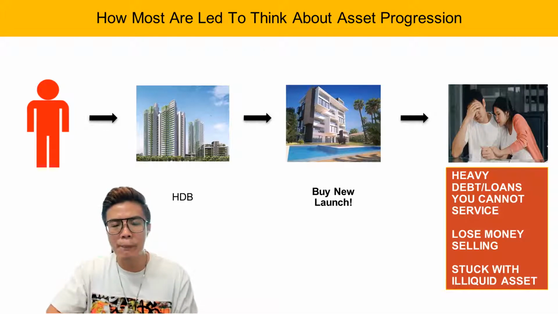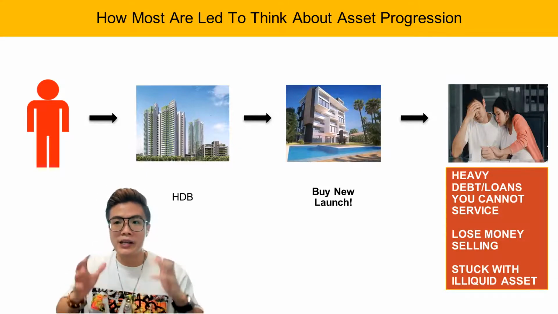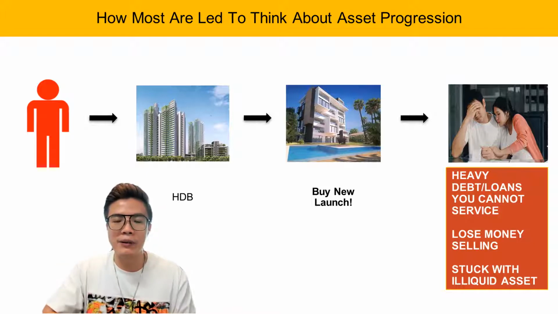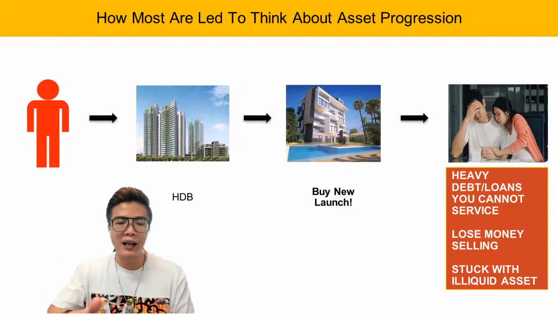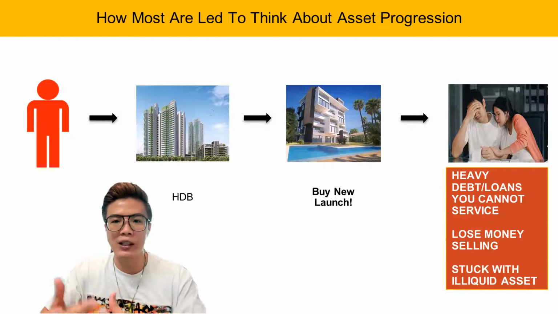And as we do know, property is not easily liquidable, because right now the government is implementing a 3 year seller's stamp duty period, which means the moment you commit to a property upon exercise, you cannot sell within just 3 years, or you can, but there will be tax involved. So in a way, property is not so liquid, not like stocks that you can buy today and sell tomorrow.